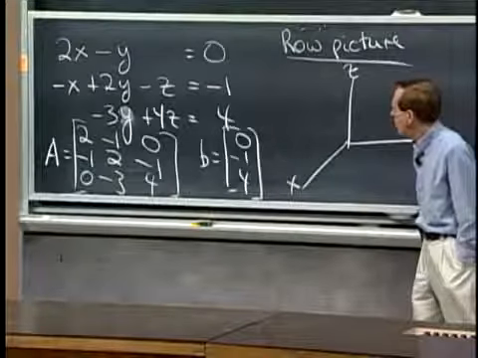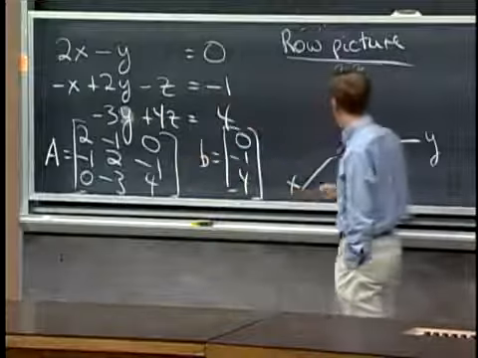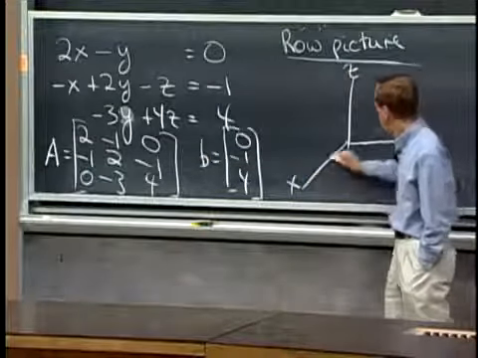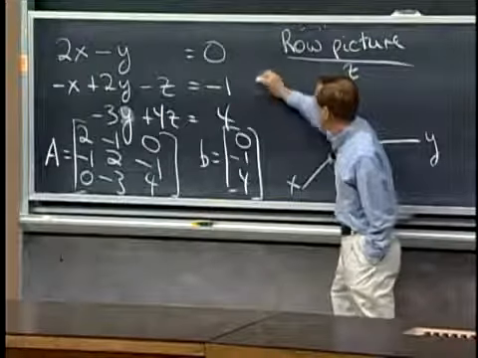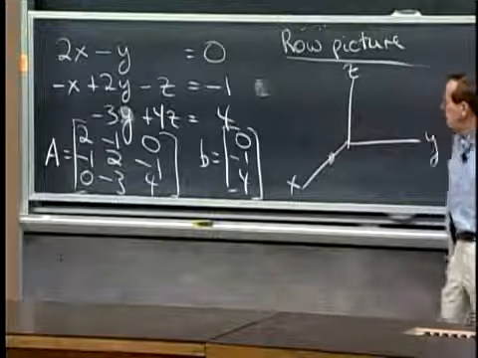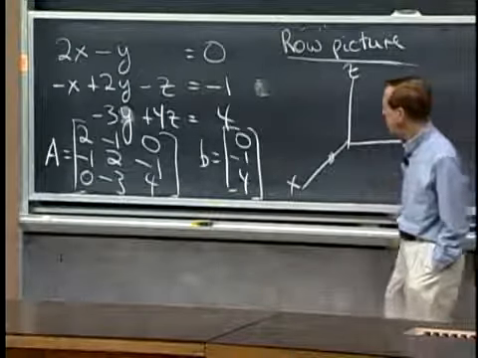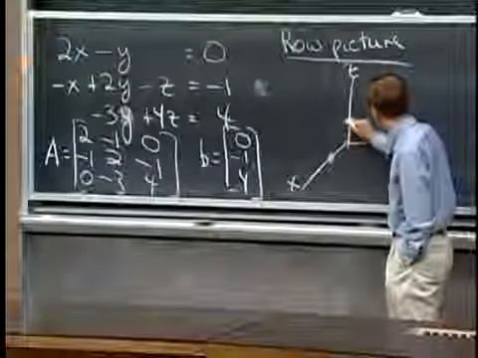So what are some points that do solve the equation? Let's see, maybe if x is 1, y and z could be 0. That would work, right? So there's 1 point. I'm looking at this second equation here just to start with. Let's see. Also, I guess if z is 1, x and y could be 0, so that would just go straight up that axis.